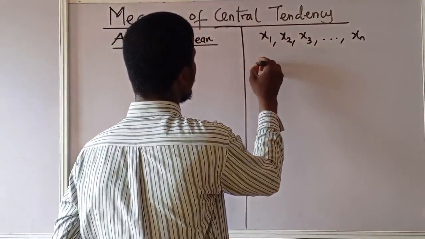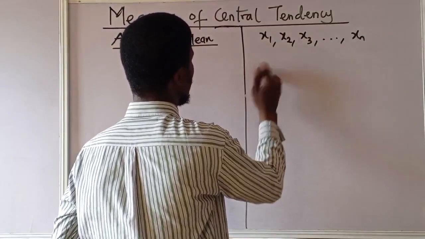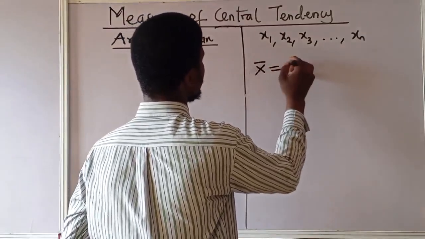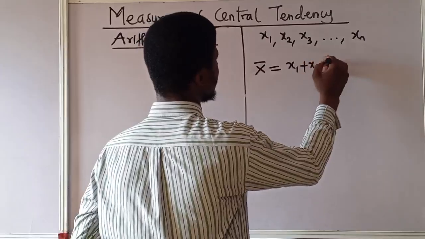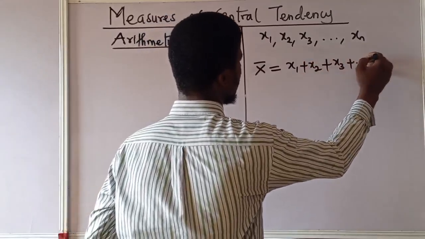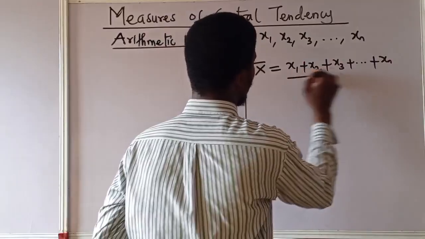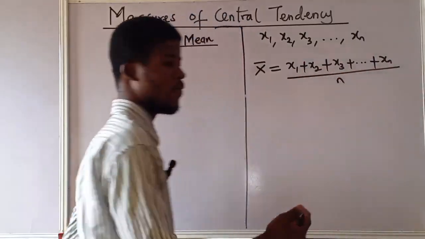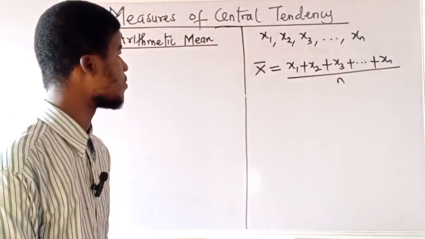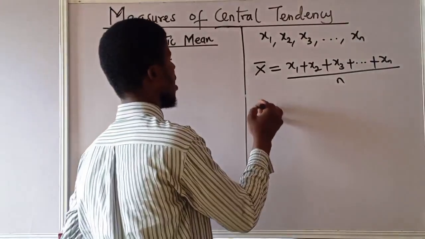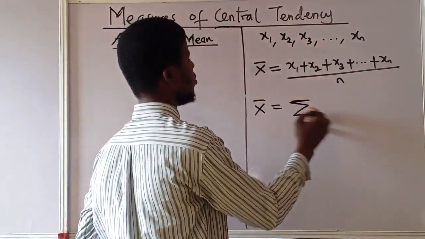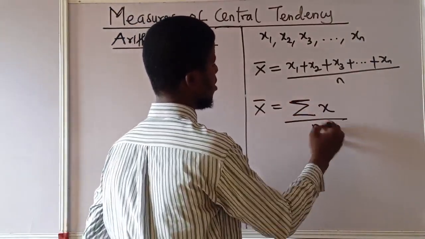The arithmetic mean of this set of numbers, which is x bar, is the summation of these numbers divided by their count, that is the number of numbers in that data. And for short, I can say summation x all over n.